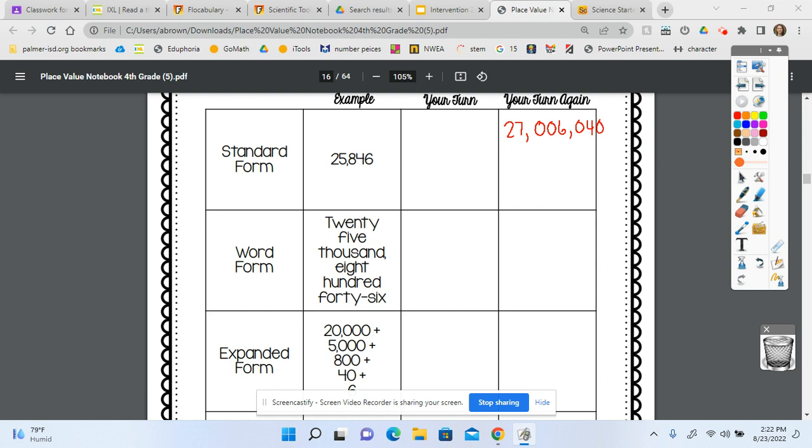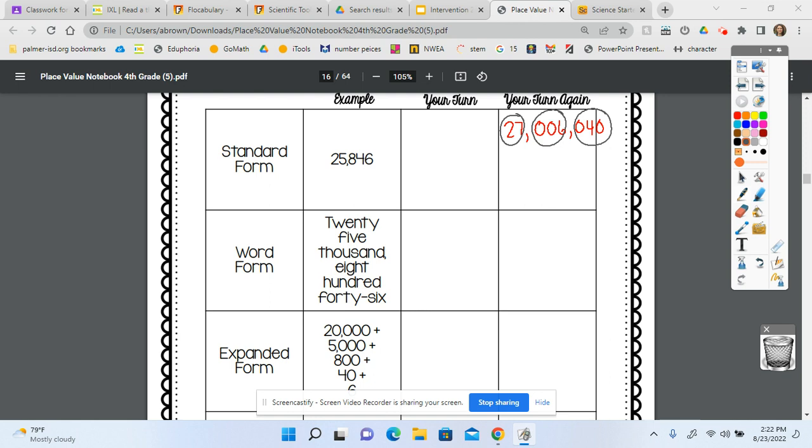Pause the video for a second and go ahead and try to put that number in word form. Remember to try to circle the sections, label your commas, and then break it down into those sections and put it in word form. Hopefully you tried that out, but here is the answer, so check over your work.